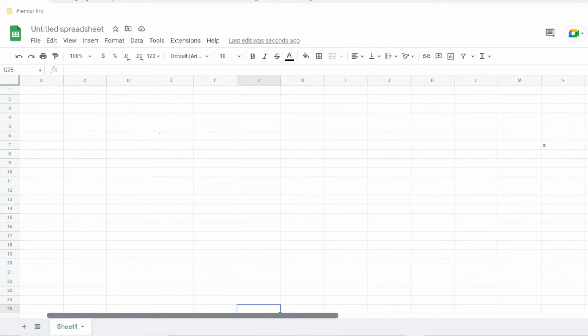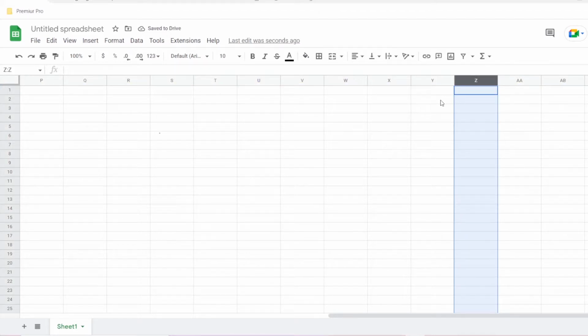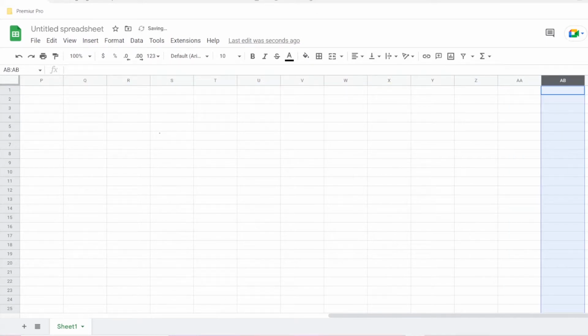Let's say we get till Z. So Z is column number 26. After that, the series starts with A. AA represents column number 27, AB represents column number 28, AC represents column number 29, and similarly AD will represent column number 30.